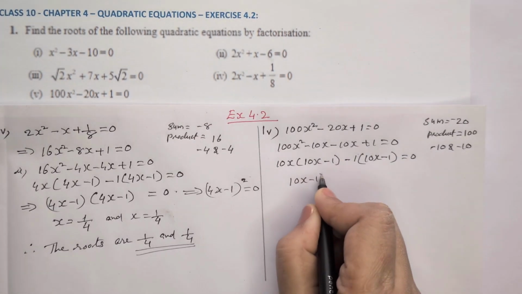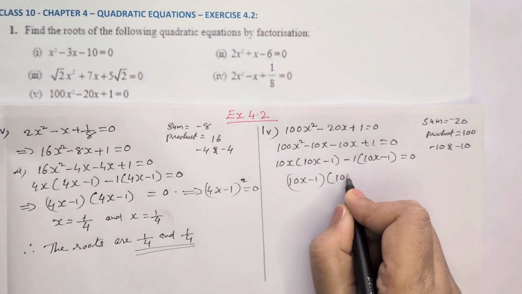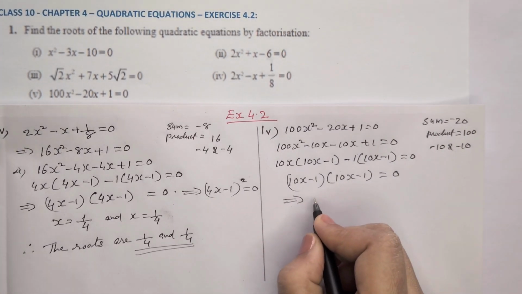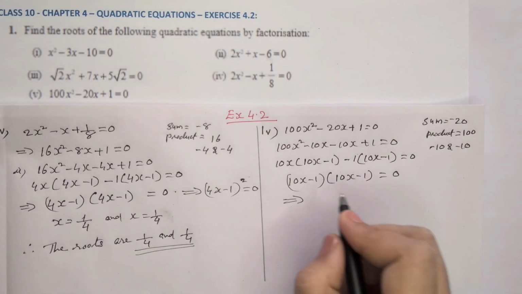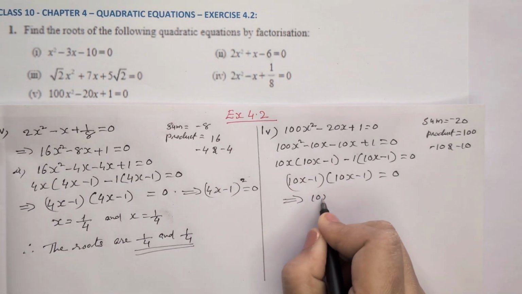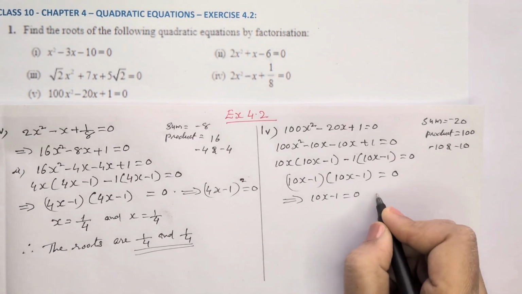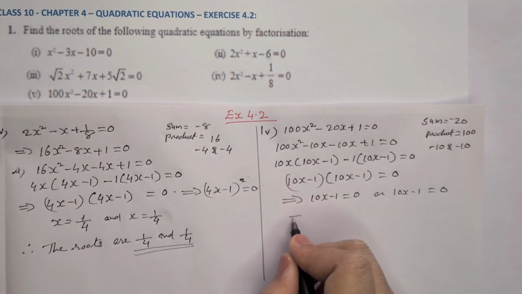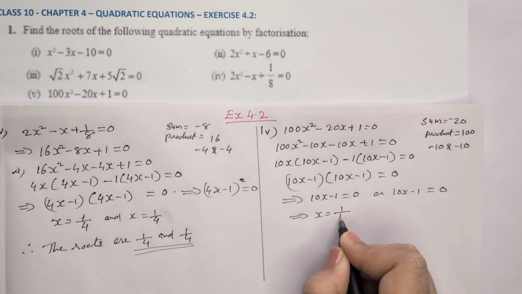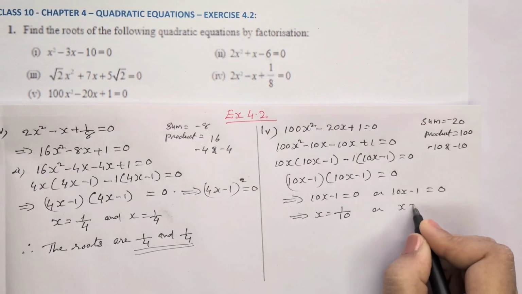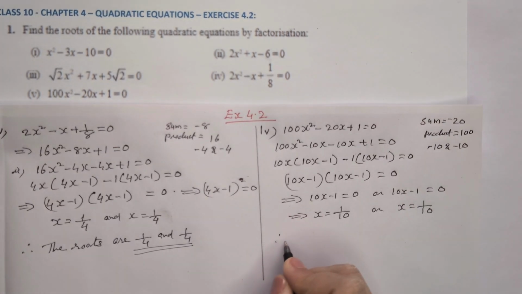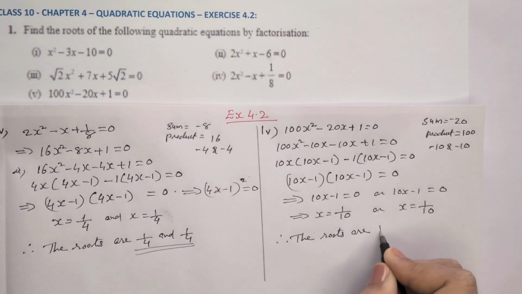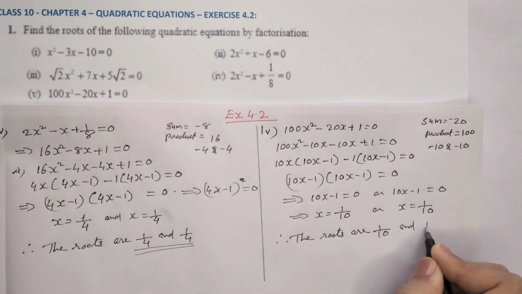Again 10x minus 1 into 10x minus 1 is equal to 0. This also we can write as 10x minus 1 the whole square is equal to 0, which implies 10x minus 1 is equal to 0, or the second bracket 10x minus 1 is equal to 0, which implies x is equal to 1 by 10, or here also x is equal to 1 by 10. Therefore the roots are 1 by 10 and 1 by 10.